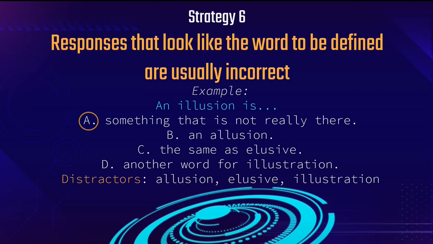Illusion, elusive, illustration all resemble the word illusion and are thus called distractors because they look appealing and divert your attention from the correct response. Distractors tend to be poor choices.